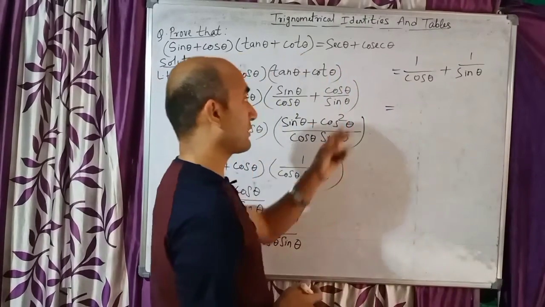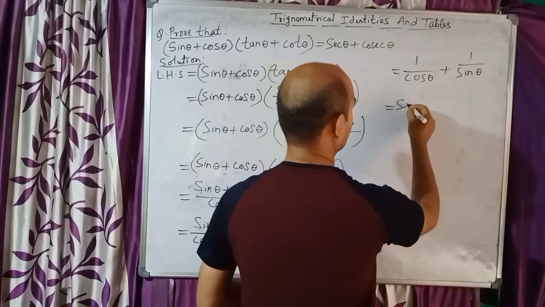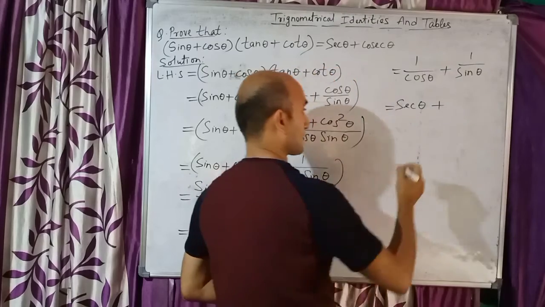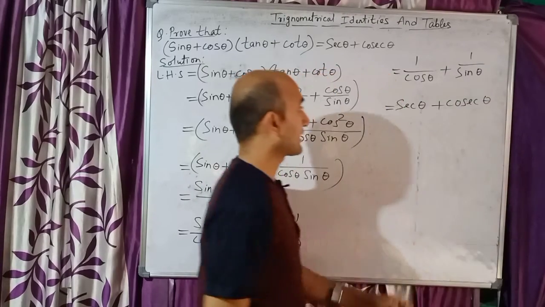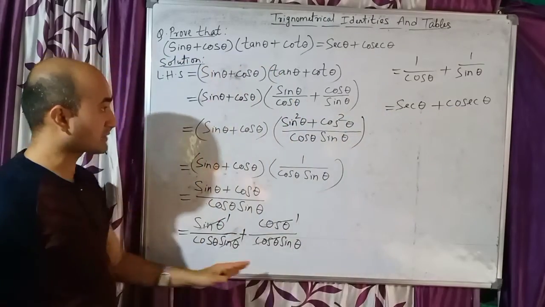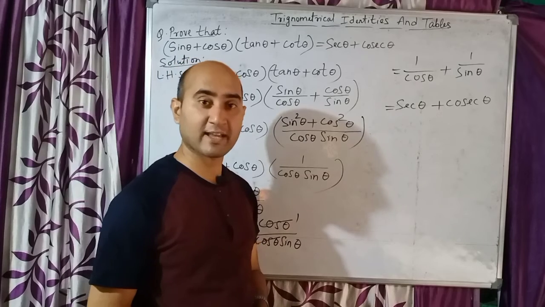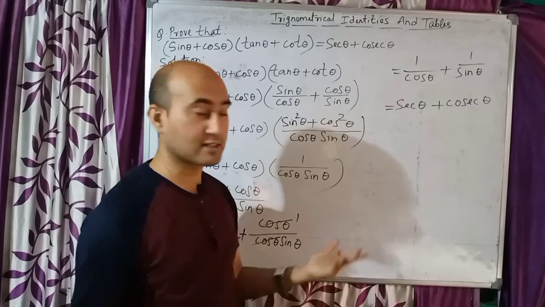reciprocal formula, children: 1 by cos theta is actually sec theta. You can check this formula. And 1 by sin theta is actually cosec theta. Now you can check that the answer which I got from the left hand expression is matching with the right hand expression. Now I can say left hand side is equal to right hand side, it is proved.